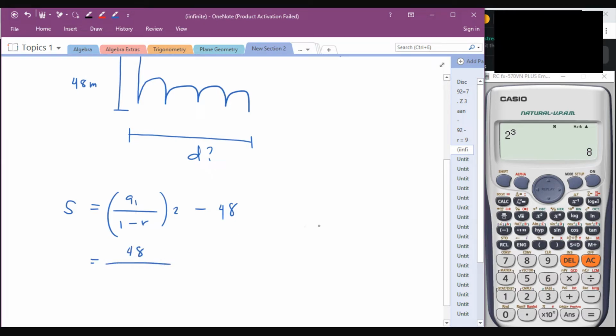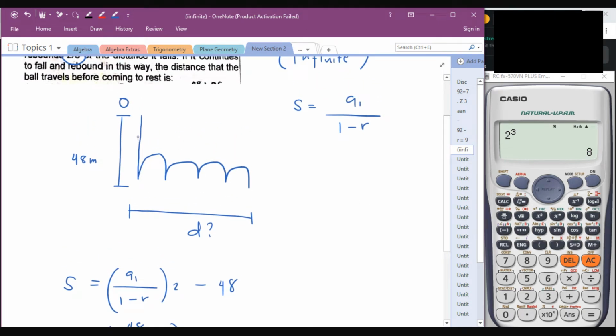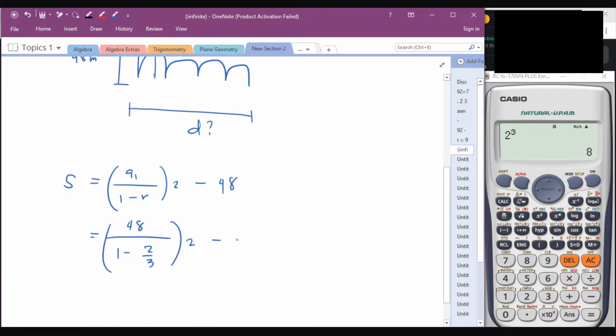Yung common ratio niya dyan is 2/3, 1 minus 2 over 3. And then, twice nung fall niya. Pagbagsak niya, rebound pa rin yan. Tingnan nyo, lagi siyang half nun, di ba? Angat, bababa. Angat, bababa. Always twice nung sequence.